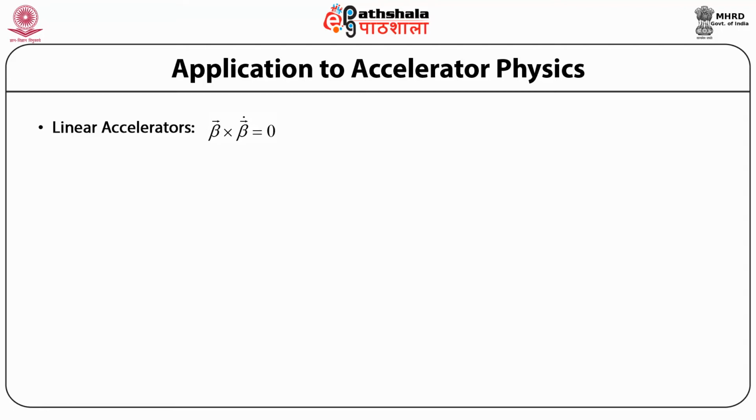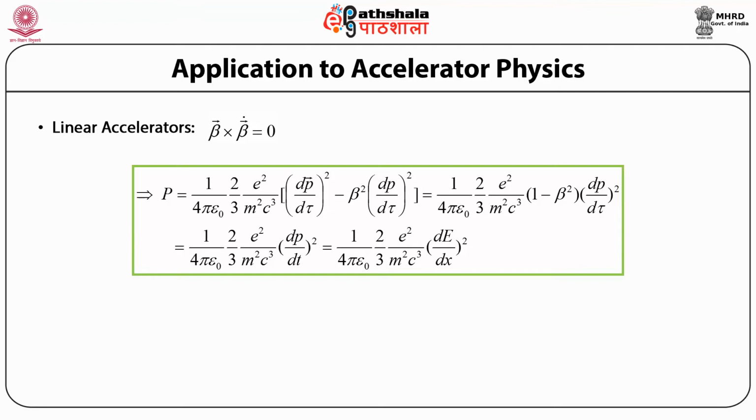So, this implies that P is equal to 1/(4 pi epsilon naught) times 2/3 e^2/(m^2 c^3) [(dp/d tau)^2 - beta^2 (dp/d tau)^2], which is further equal to 2/3 e^2/(m^2 c^3) (1 - beta^2)(dp/d tau)^2, which is further equal to 1/(4 pi epsilon naught) 2/3 e^2/(m^2 c^3) (dp/dt)^2, and it is again equal to 1/(4 pi epsilon naught) 2/3 e^2/(m^2 c^3) (dE/dx)^2.